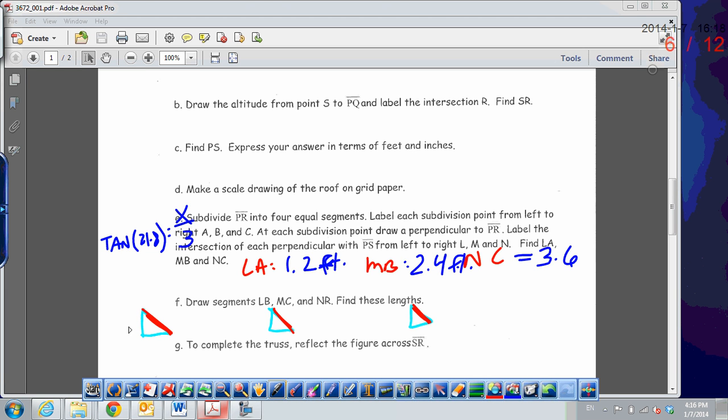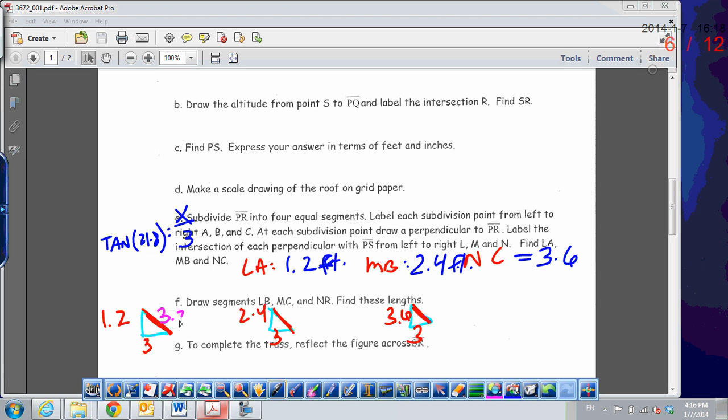For the first one, 1.2 and 3. Same thing with this one, 2.4 and 3, and then the last one, 3.6 and 3. So I'll let you do all that. Go ahead and pause it if you want to work by yourself for a moment.